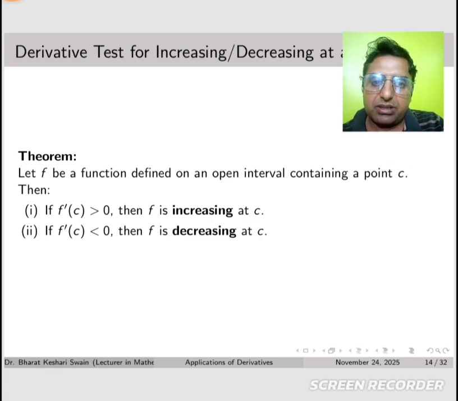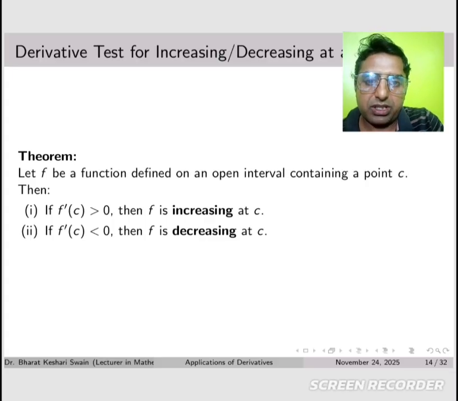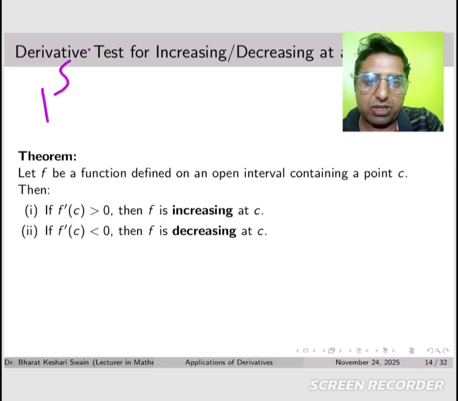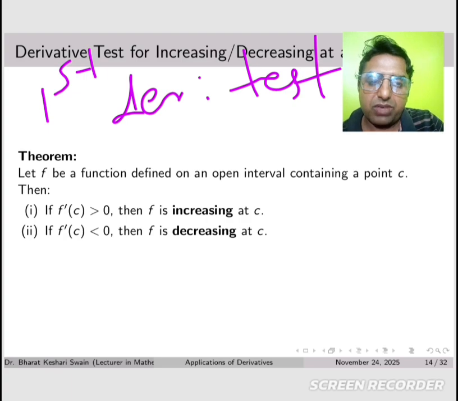This is also called the first derivative test, because we only use the first derivative for this test.